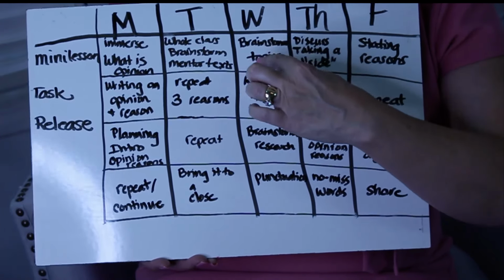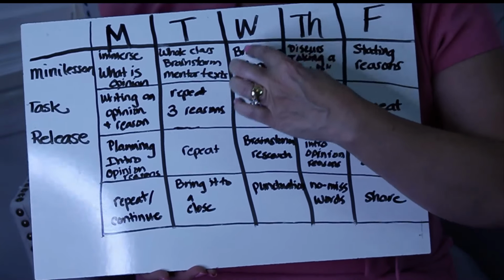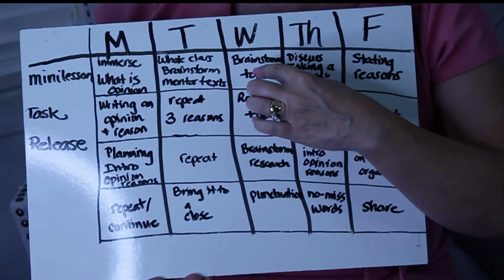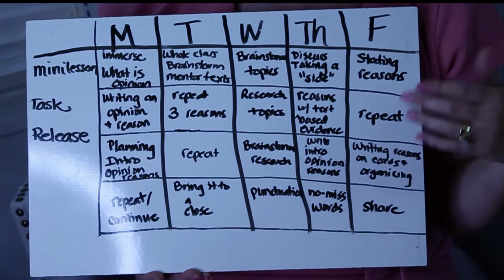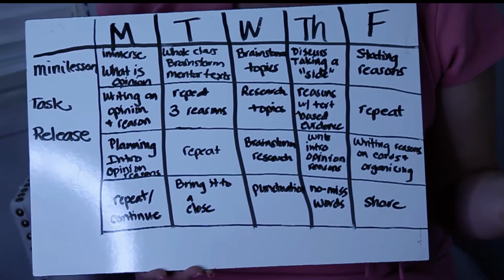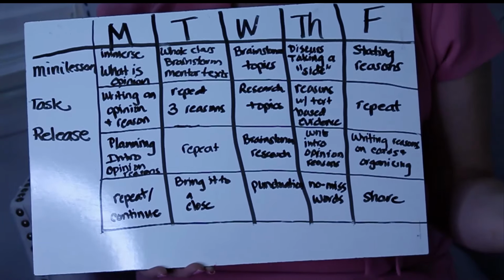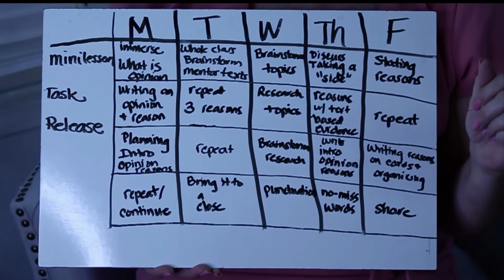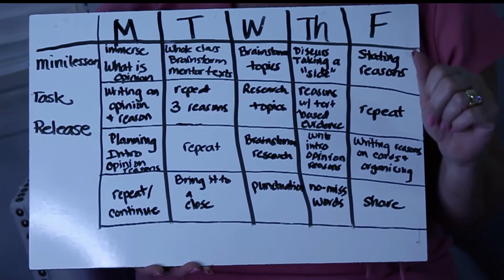At first they could always even brainstorm topics that they don't have to do any research on, but they might be brainstorming topics that they need to do research on. Like perhaps they think that we should move to glass instead of so much plastic. They might need to research that a little bit. But if they're going to write an opinion about their favorite ice cream, they may not need to do too much research on that.